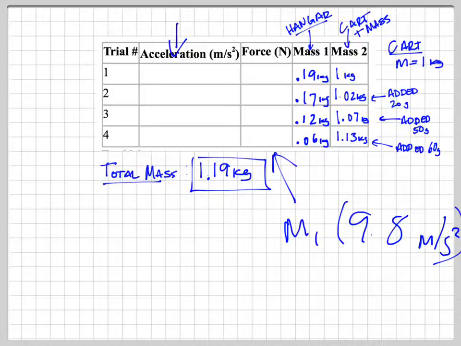After you do all this, it's time to make your graph. So that's a graph of force on the y-axis versus acceleration on the x-axis. And I'll make a note of that. Force on the y, acceleration on the x.